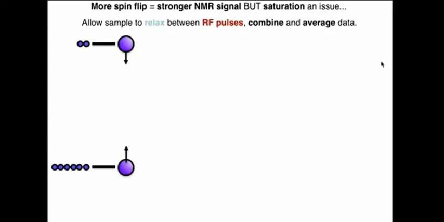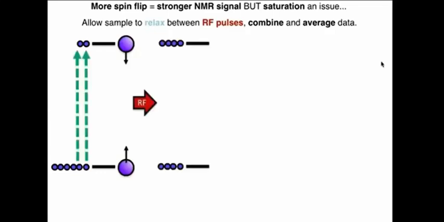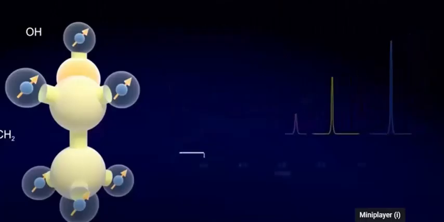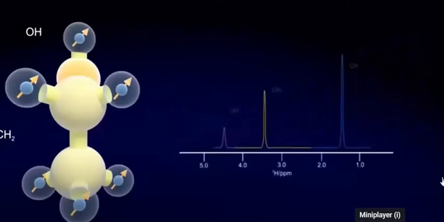The more spin flips, the stronger the NMR signal, but saturation is an issue. We allow the sample to relax between RF pulses and combine the averaged data. Then we again apply RF radiation, promoting nuclei from the lower energy level to the higher energy level.